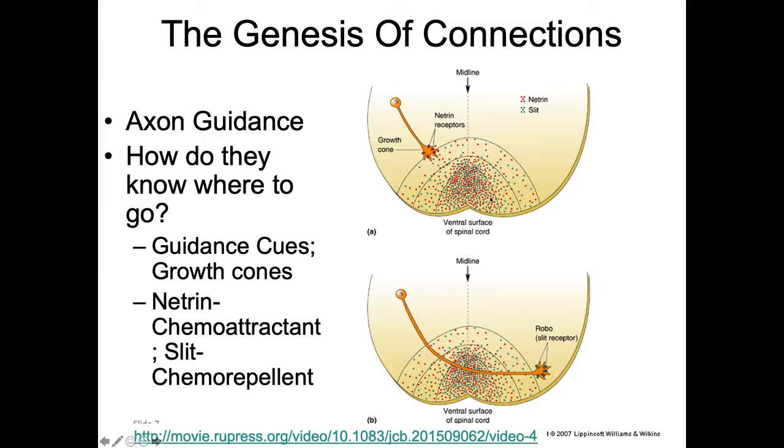Then as it projects outwards and moves beyond this midline, the cells change and start to express ROBO. ROBO is actually a chemorepellent. The further you get away from SLIT, which is the chemorepellent that interacts with the ROBO receptor, the more stability you're going to have.